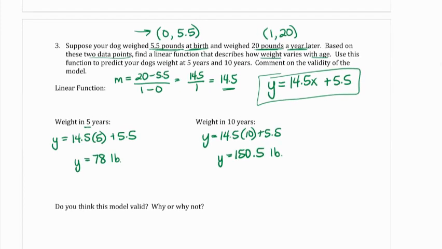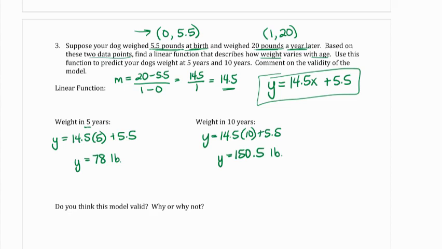When it's asking, do you think this model is valid? I mean, you have to know a little bit about dogs, I guess, but if my dog was born at 5.5 pounds, a dog is usually full weight by the time they hit 1.5 to 2 years, I'd say. So the fact that my dog's going to keep gaining 20 pounds every single year doesn't make sense, right? A lot of dogs have a lifespan of only 10 to 15 years.